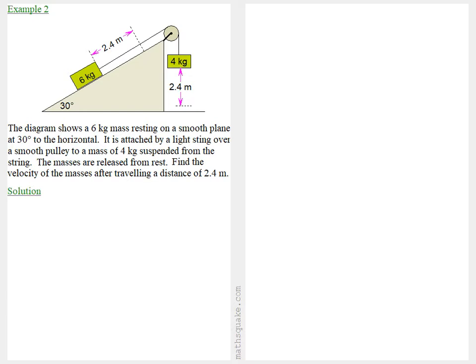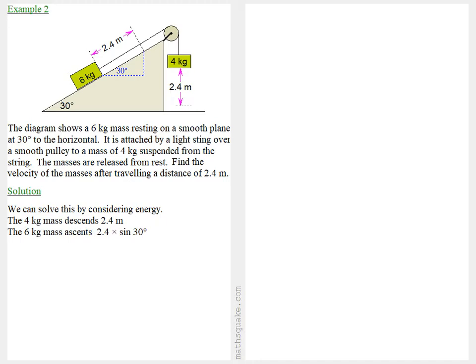Well, to solve this, we can do it by considering energy. The 4 kilogram mass descends 2.4 meters. The 6 kilogram mass will then go up the slope 2.4 meters, but vertically it ascends 2.4 times sine theta, which is 1.2 meters.